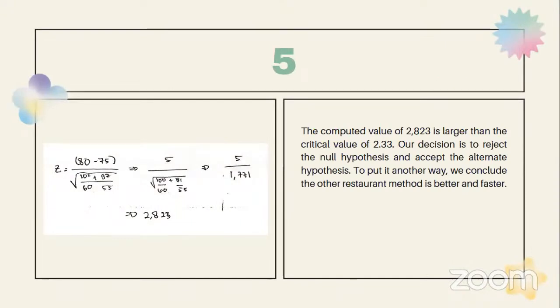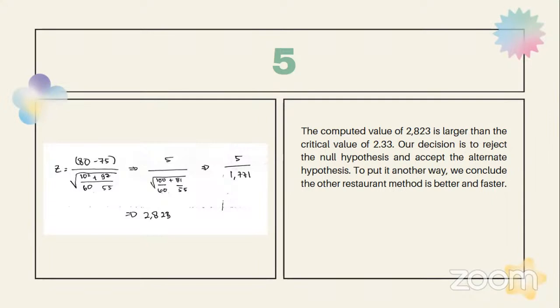Last, we determine z: 60 minus 55 divided by the square root of 10 squared divided by 80 plus 9 squared divided by 75.